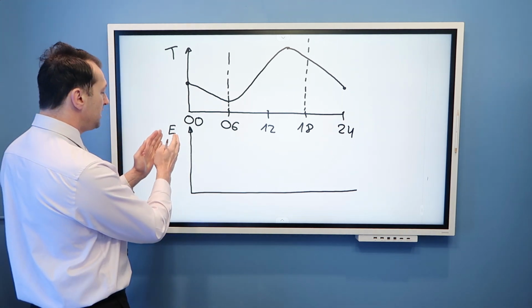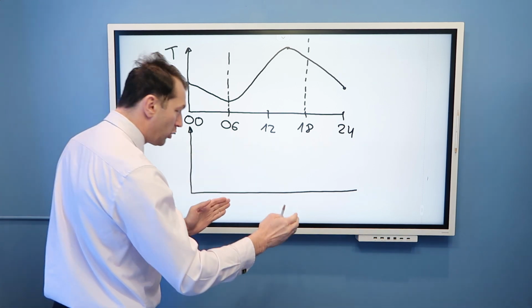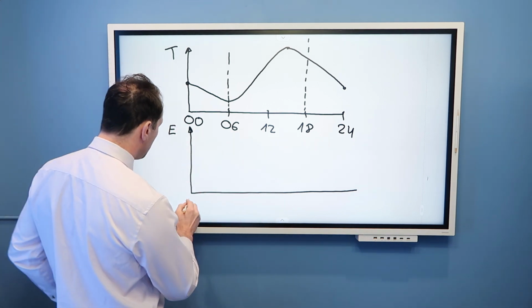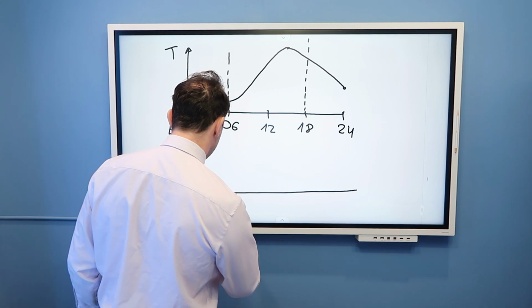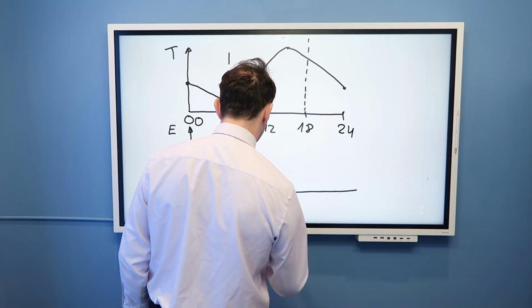I will put just E, but as I said, keep in mind this is rate of energy absorption or emission. And here on the x-axis we have the same hours during this 24-hour period.